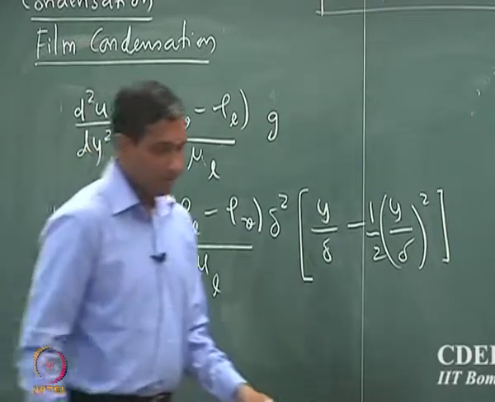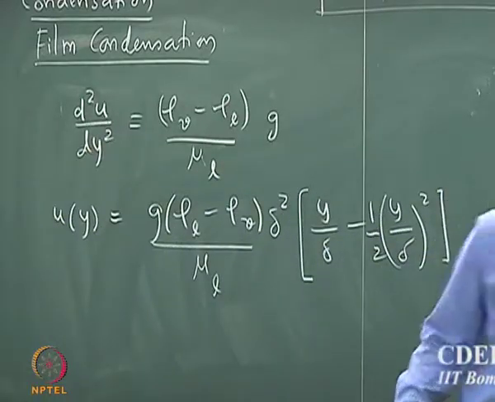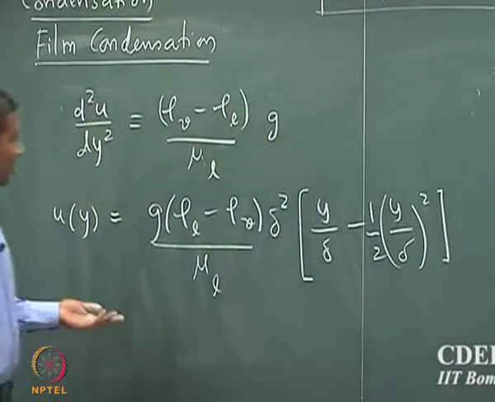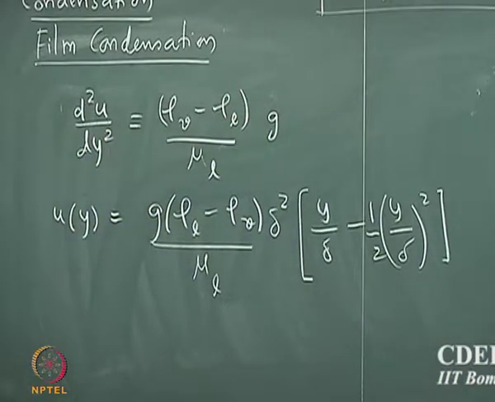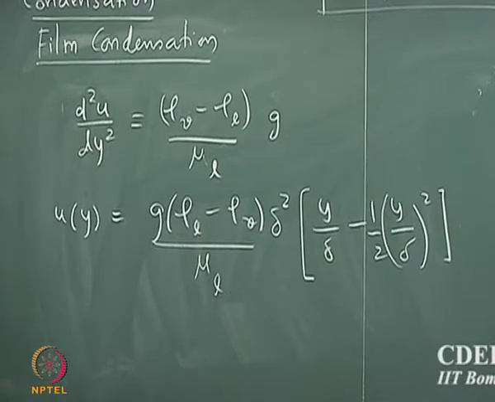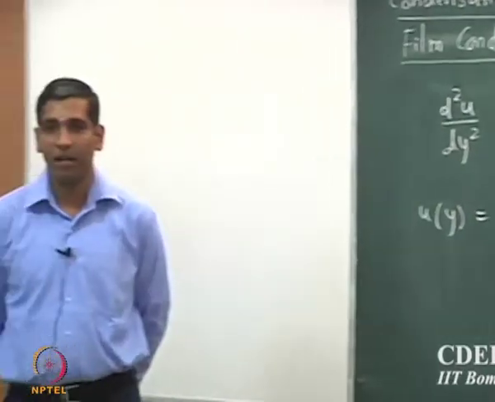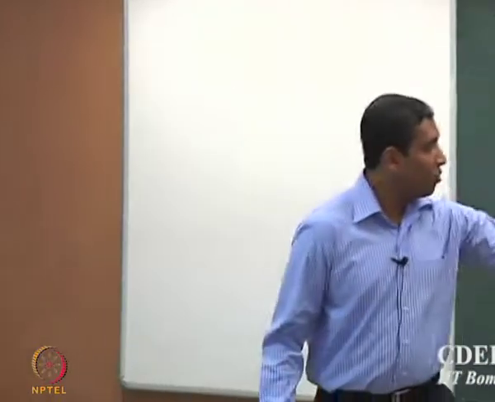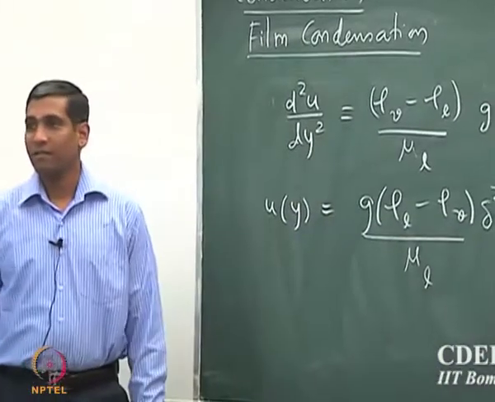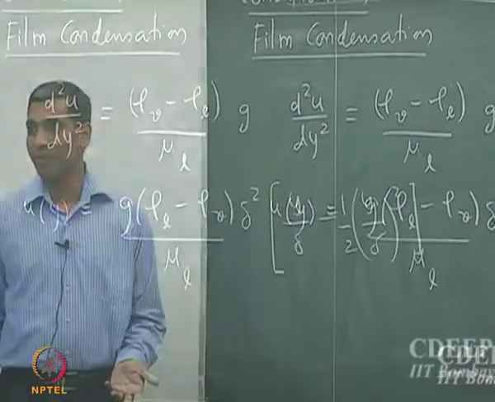Alright. So now, do we know the velocity profile from this expression? Yes or no? We do not know what delta is, so we still do not know the velocity profile.